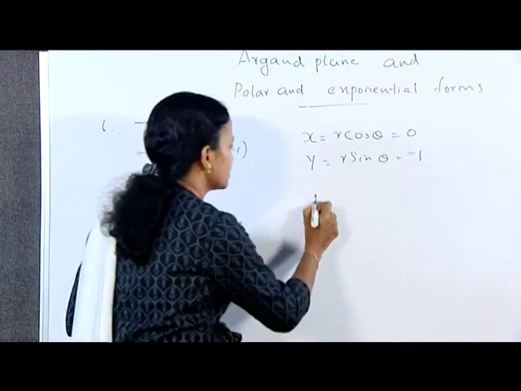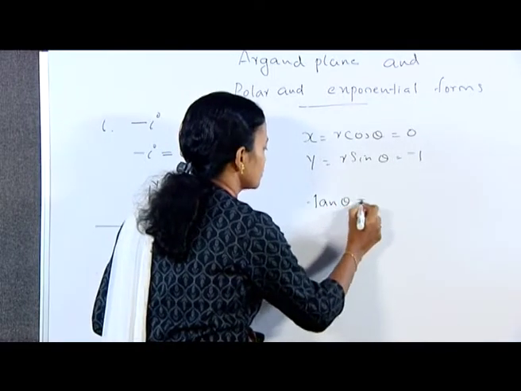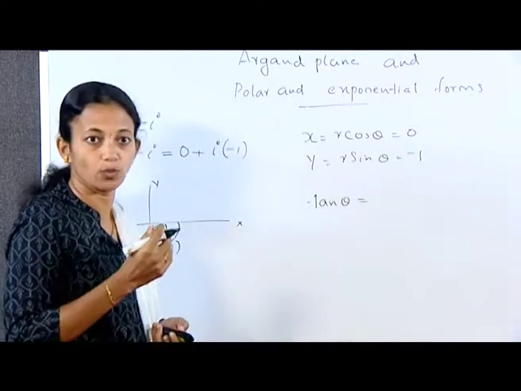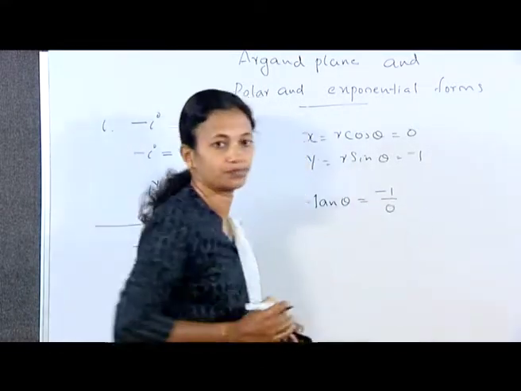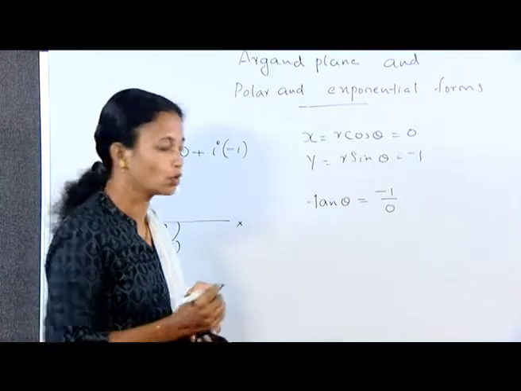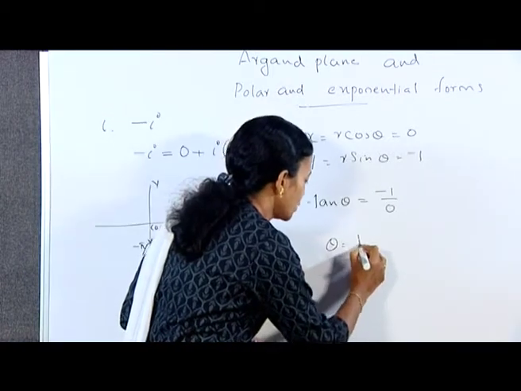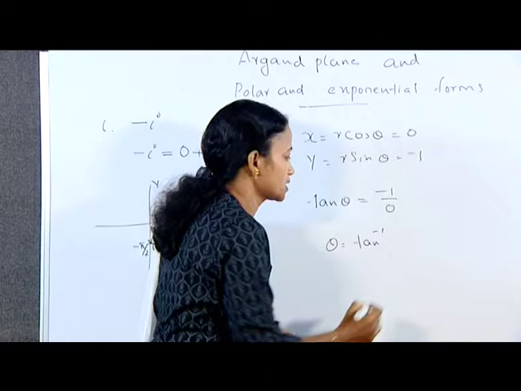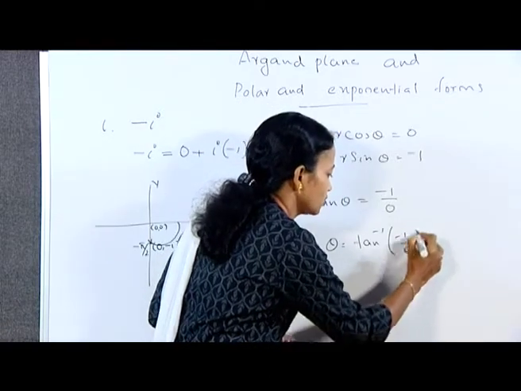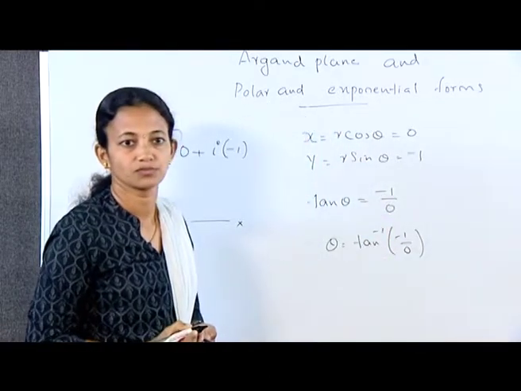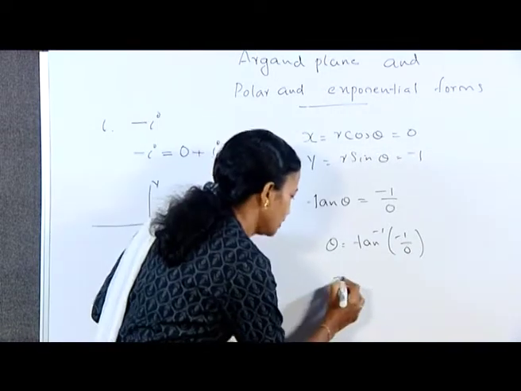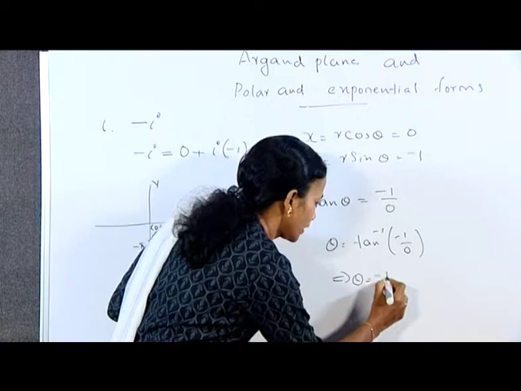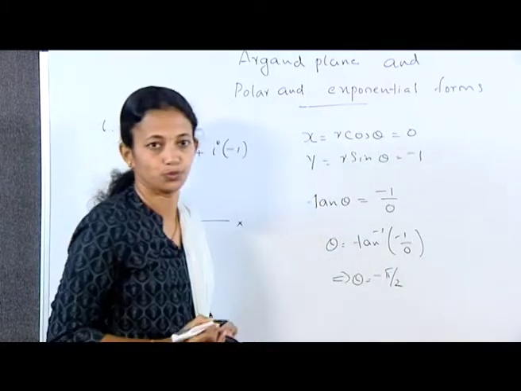So, tan theta is equal to y by x, which is equal to minus 1 by 0. Therefore, we can write theta is equal to tan inverse of minus 1 by 0. This gives the value theta is equal to minus pi by 2.